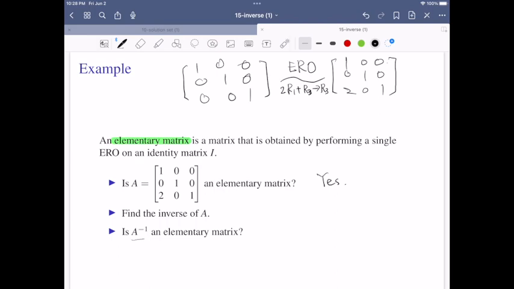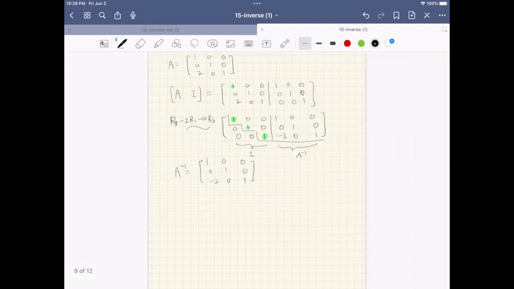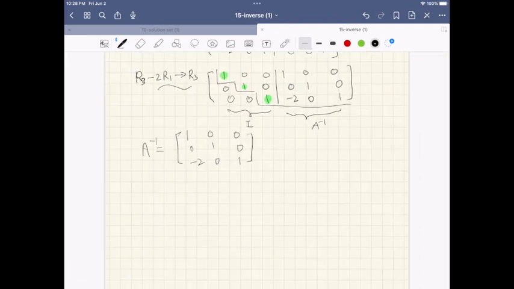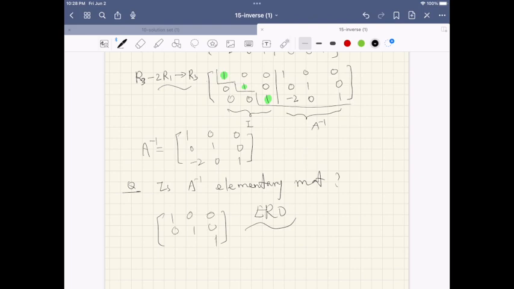Is A inverse an elementary matrix? So we have A inverse. Is it an elementary matrix? We ask ourselves, can you find some ERO applying to the identity and get A inverse?